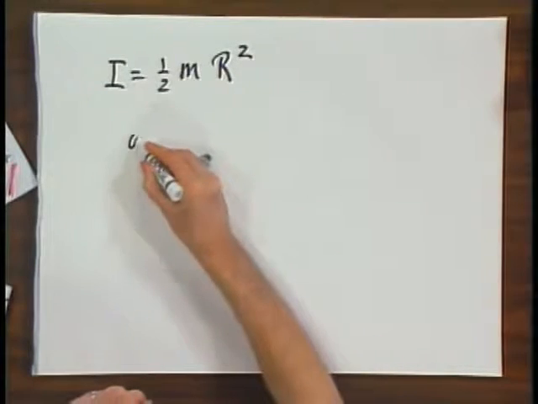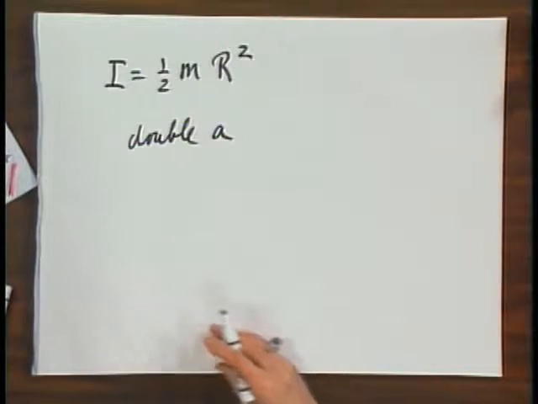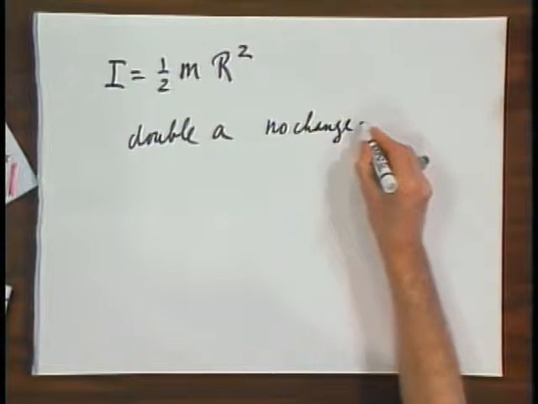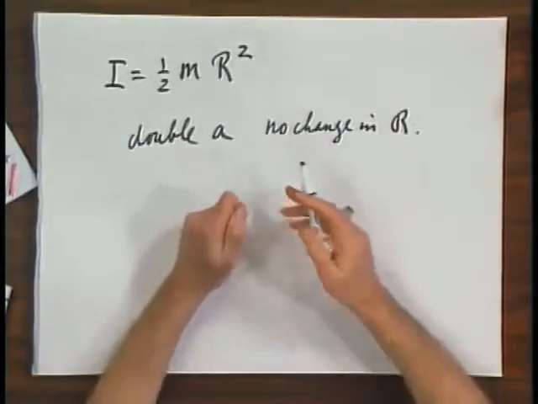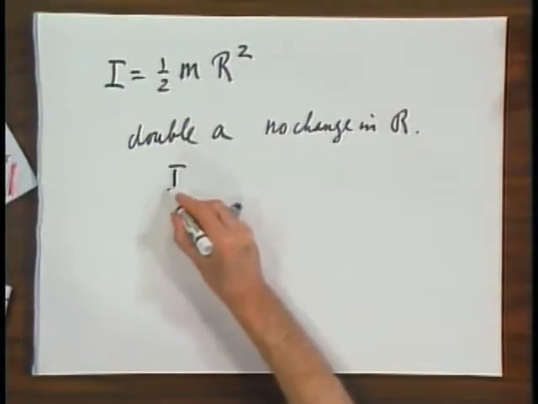Now suppose I double the thickness of the cylinder, but there is no change in R. What now happens with the moment of inertia? The first thing you may say is, well, it's independent of a, so nothing changes, but that's not true, because the mass depends on a. If you make the disk twice as thick, the mass will double. And if the mass doubles, the moment of inertia will double. So it will double.